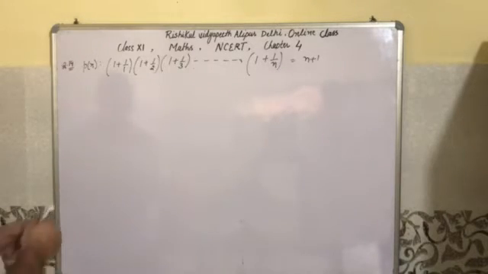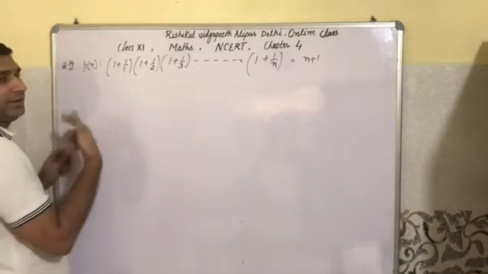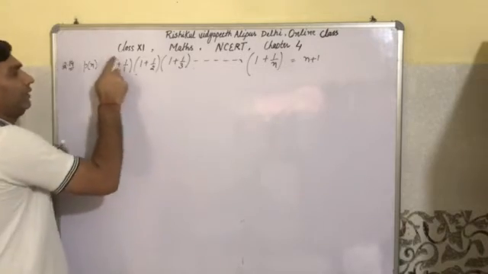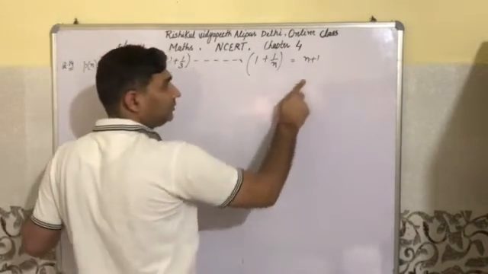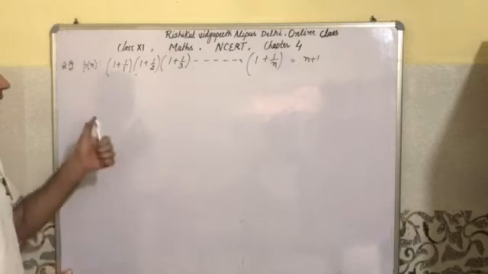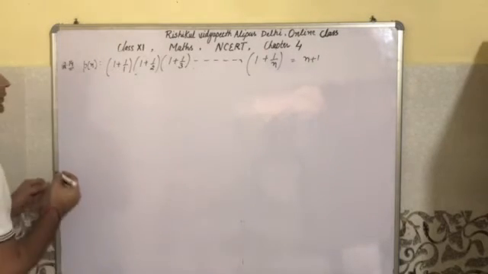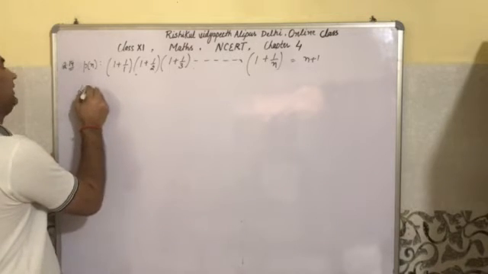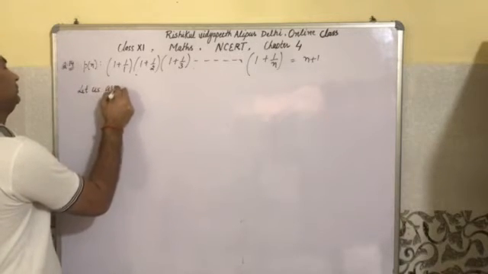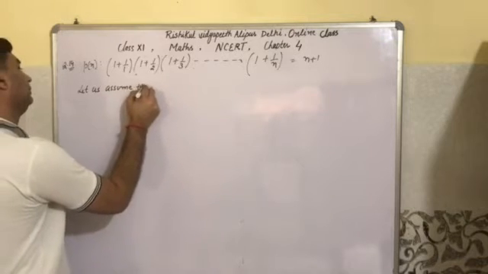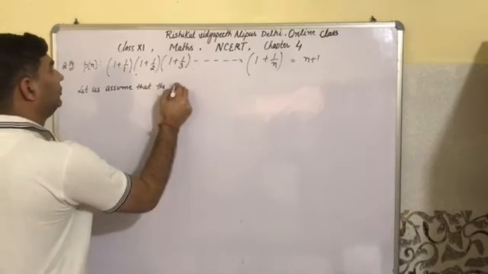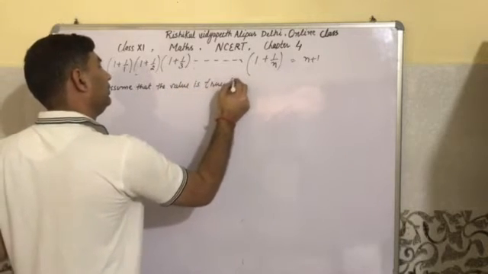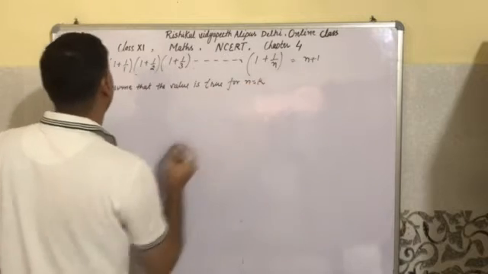Then P of 1, अभी 1 के लिए करेंगे P of 1: 1 plus 1, this value is 2. So for n is equal to 1, the value is 2. Then next step, let us assume that the value is true for n is equal to k.